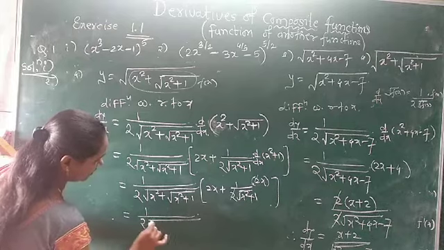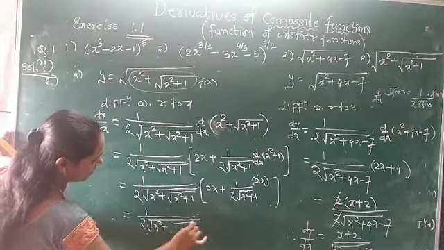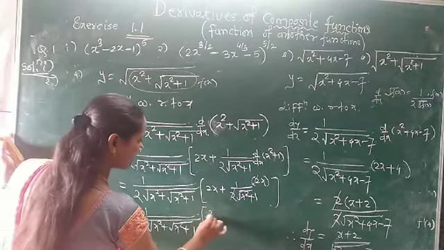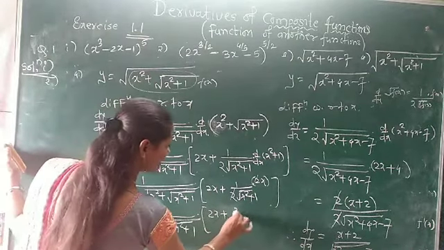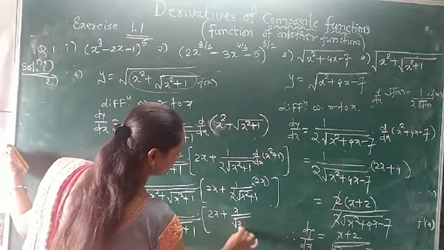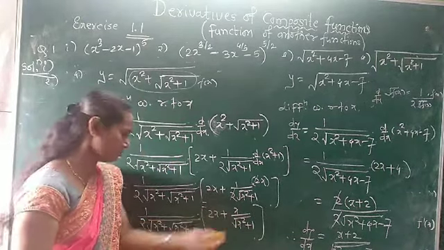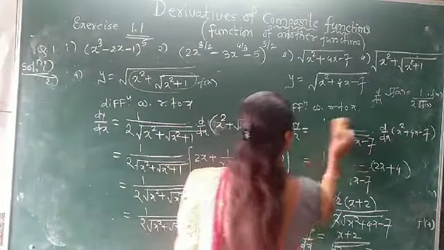1 upon 2 x square plus under root x square plus 1 into, now we simplify this term, 2x plus x upon under root x square plus 1. Again by cross multiplication we rearrange this term.